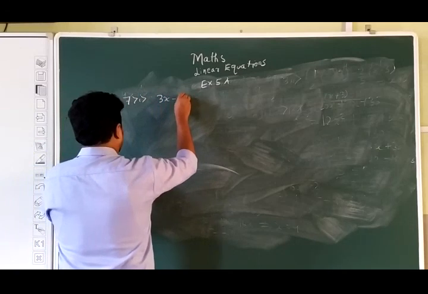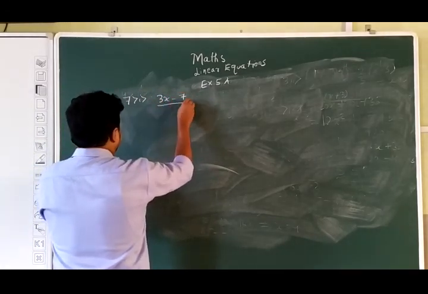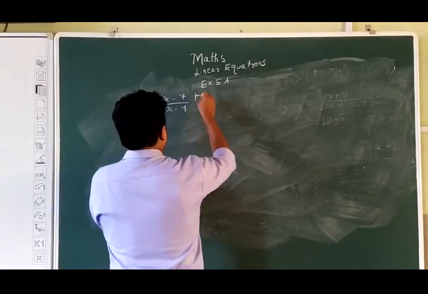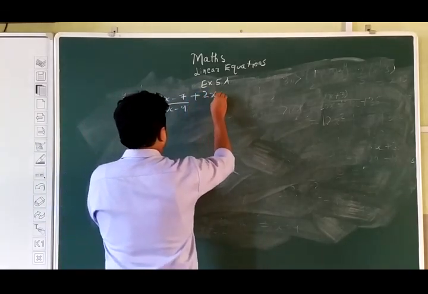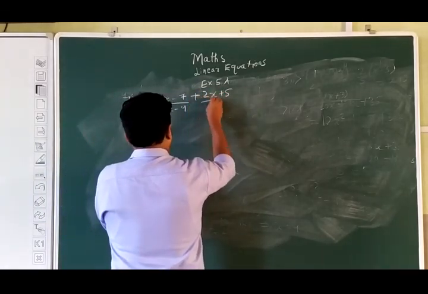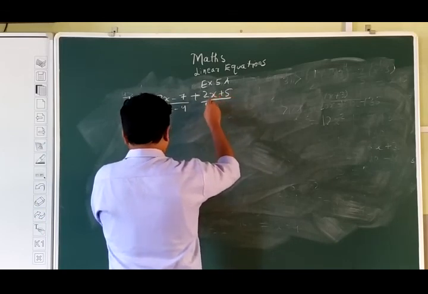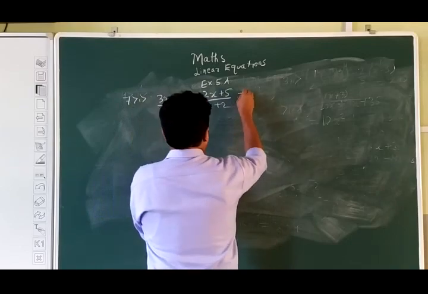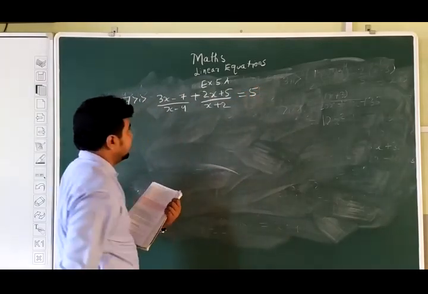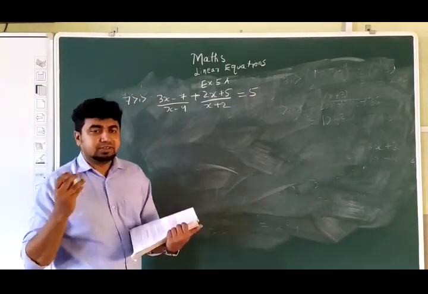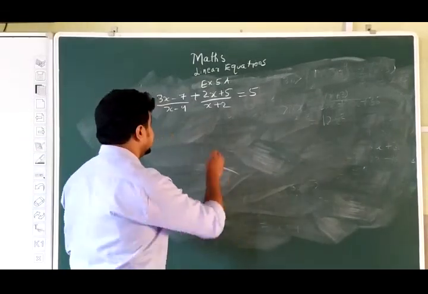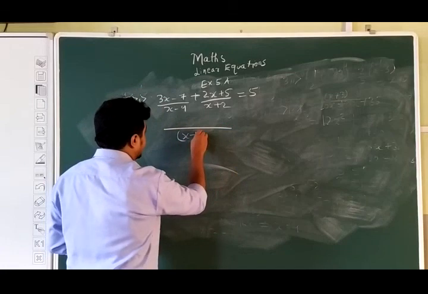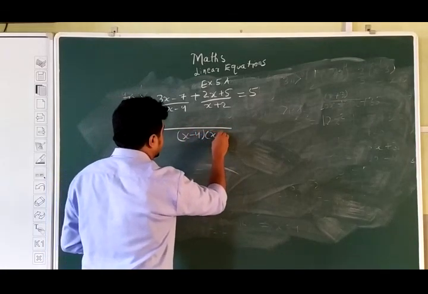(3x minus 7) divided by (x minus 4) plus (2x plus 1) divided by (x plus 2) equal to 5. This is given. First step is taking LCM. LCM will be (x minus 4) into (x plus 2).